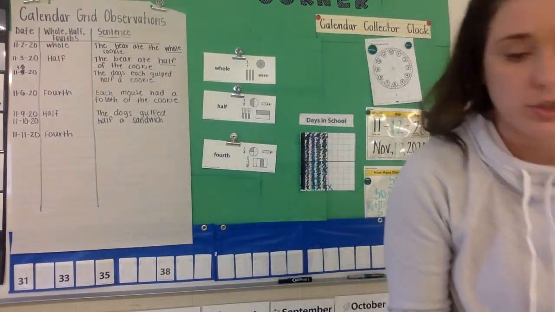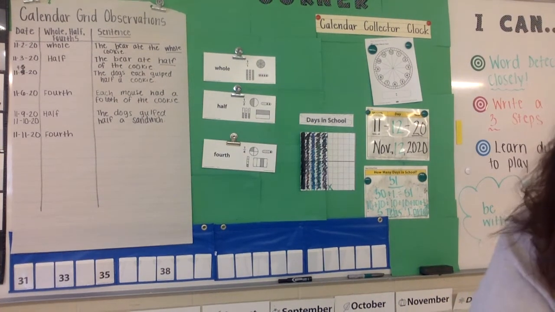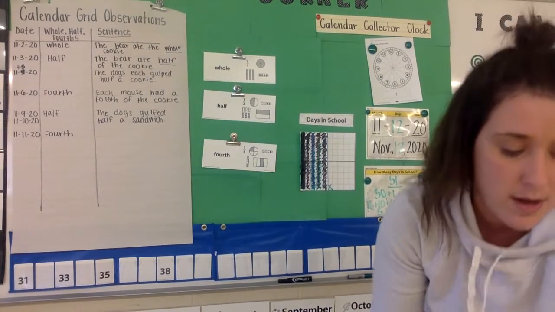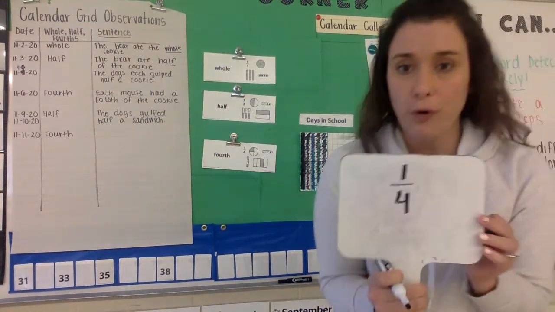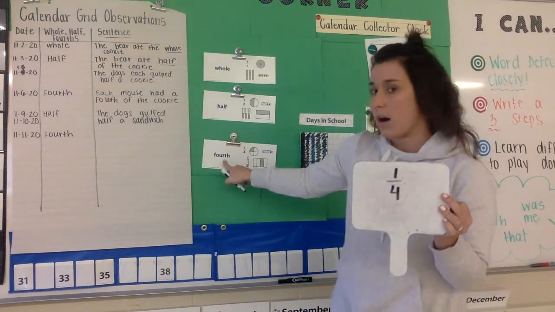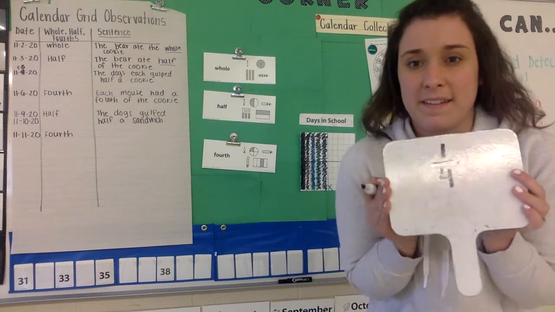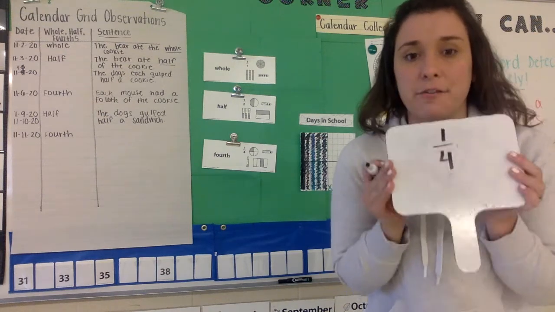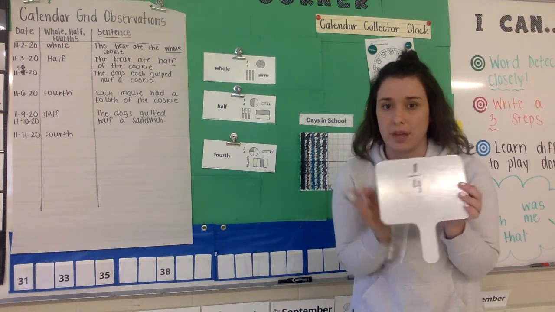So now what I want you to do is write a new fraction on your board. It is called a fourth. Take a look at our card, fourth. So if you divide a pie into fourths, how many slices would you have? Think about that, a fourth.